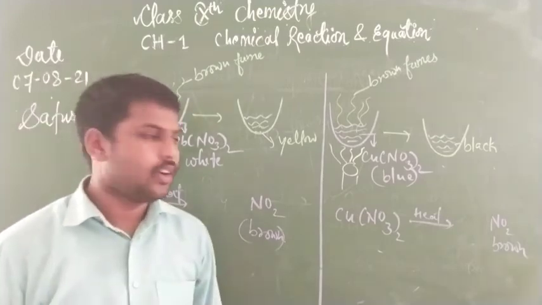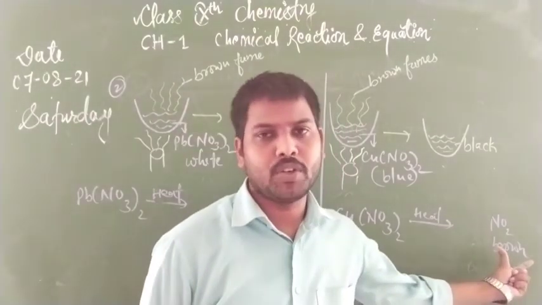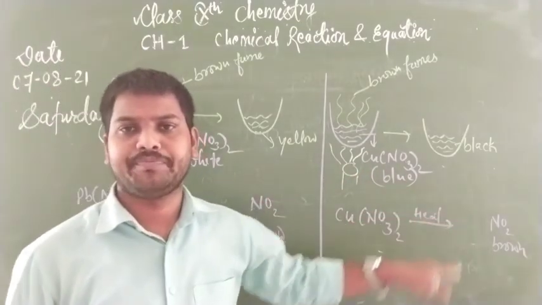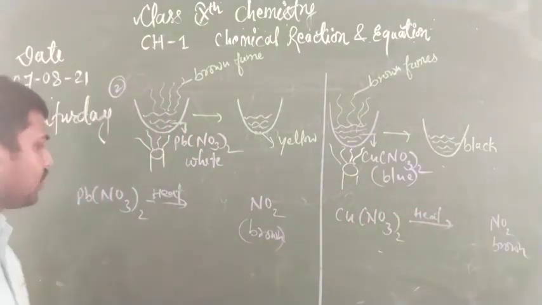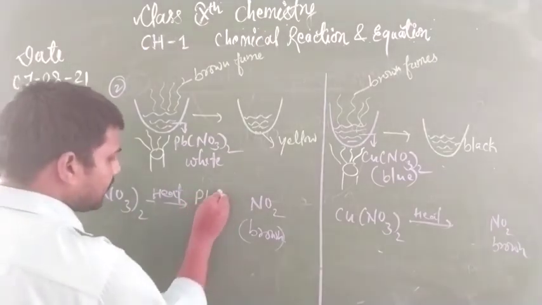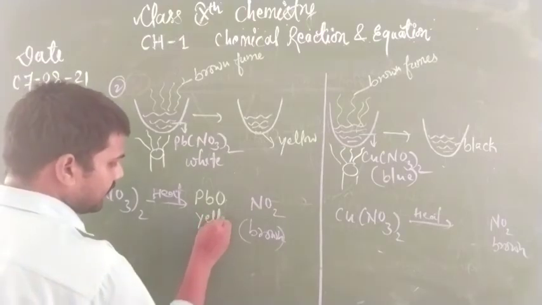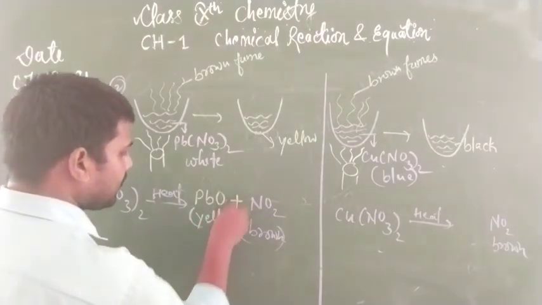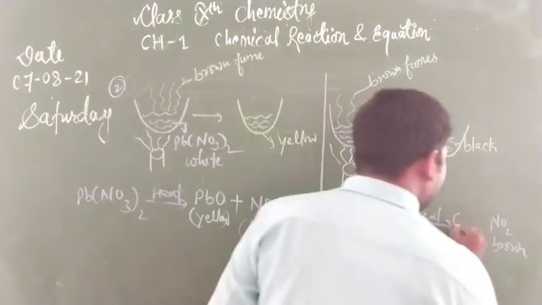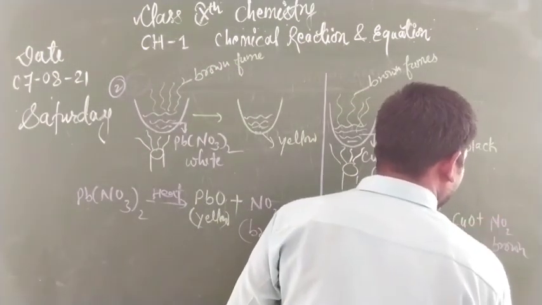The same gas will evolve in this case also. Okay? So now, this lead nitrate will convert into lead oxide which is yellow in color. This copper nitrate will convert into copper oxide which is black.